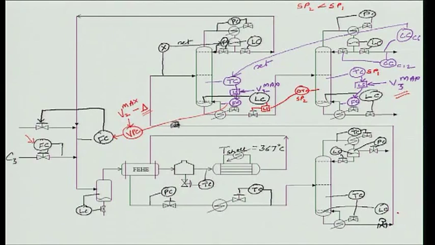Again I have a low select, and I have an override level controller. How should I draw it?